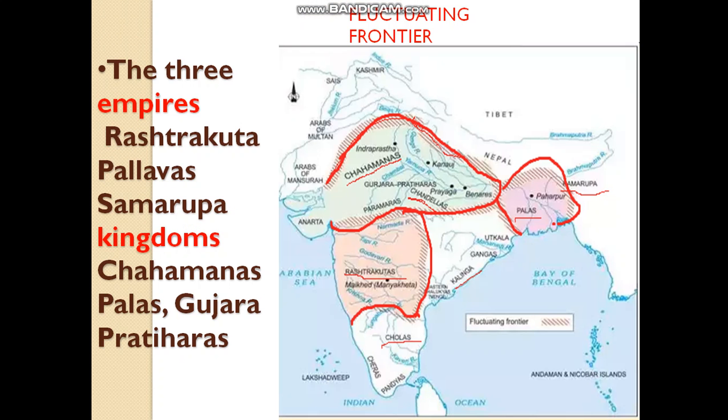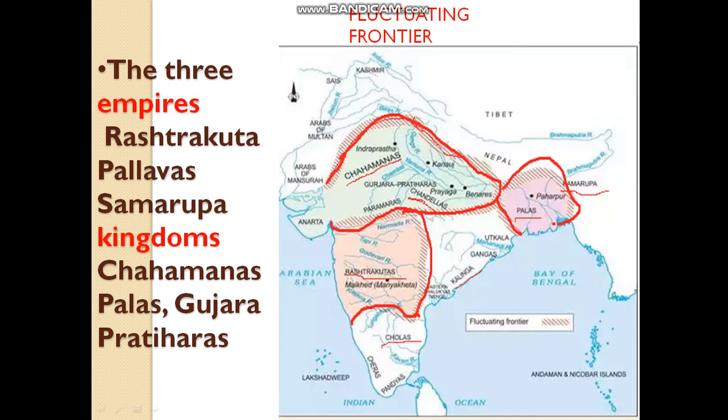and influence. Now, here you can see the map where in red, it is covered. This is all a kingdom. These are all small dynasties and empires. These are all empires and these are all kingdoms. Why are they called fluctuating frontier? Because, as you all know, the new kings and empires didn't come up by themselves.